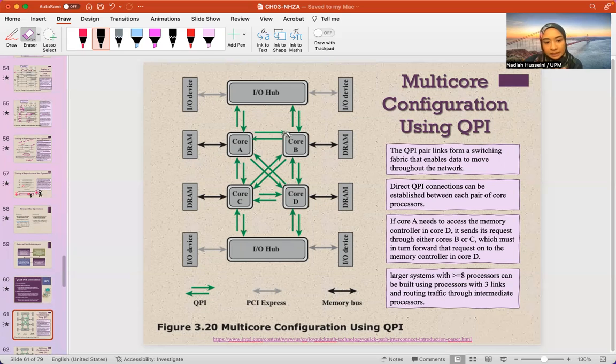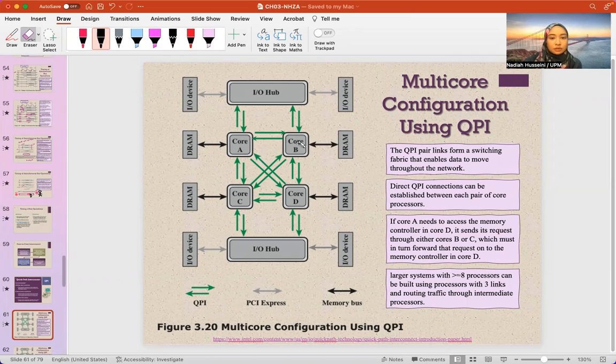The line is called the QPI. You can see that the QPI exists in pairs. It's not bidirectional. One arrow only goes in one direction. Therefore, it exists in pairs to give the two-way system.